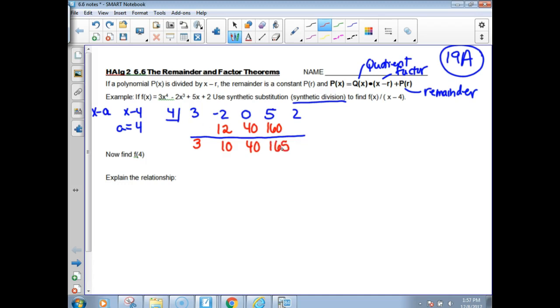And then 4 times 165, 660. Then add vertically, and we get 662. 662 is the remainder. Okay, what that means is the f of... oops, I don't want to tell you that yet.